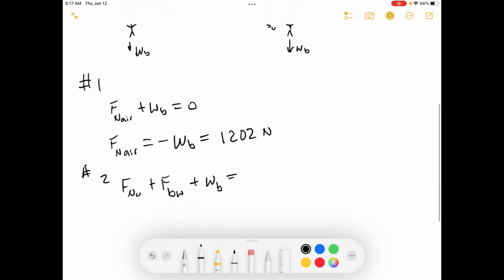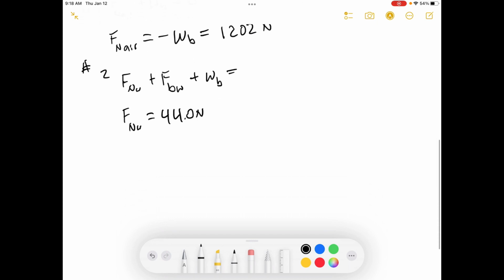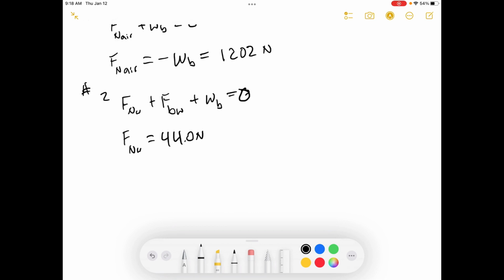So we know that the normal force is equal to 44.0 newtons. And the sum of the forces equals 0. I should have written that down. The sum of the forces in a system that's totally not moving is equal to 0. There's no acceleration. Let's solve for the buoyancy force, because we know what the weight and the normal force are.